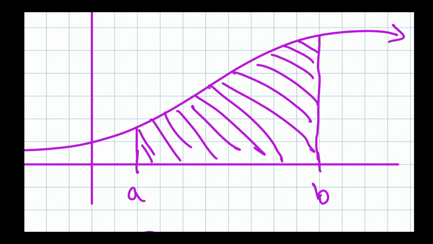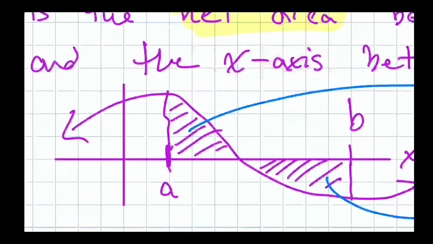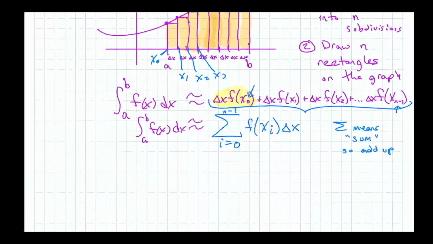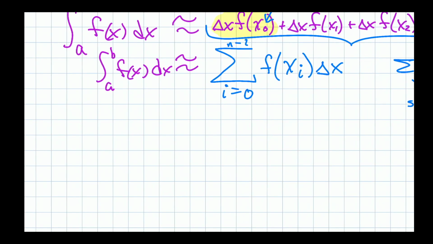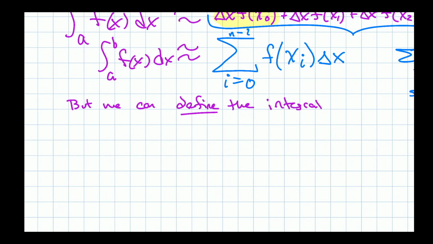So that's why I wrote an approximate here. But then if you wanted it to be equal, you can define it this way. We can actually define the integral with a similar formula like this.